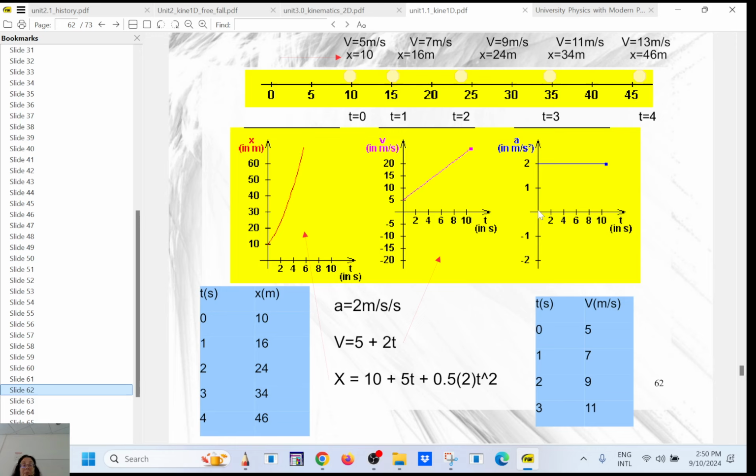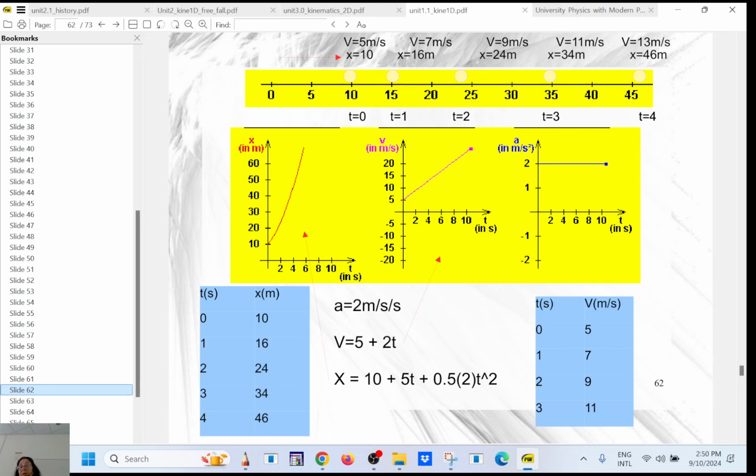I'll give more examples. So now, what's happening when you are speeding up? And I'm connecting the dots with your first kinematic equation. When you start your stopwatch, let's say that you are here at position 10. Agree? When you start your stopwatch, your velocity is 5. Agree? Now let's say the acceleration is 2.